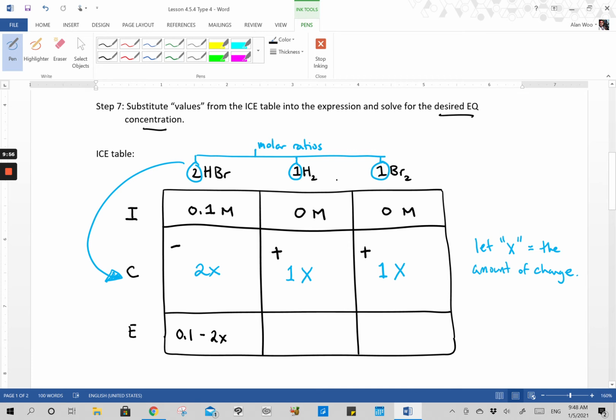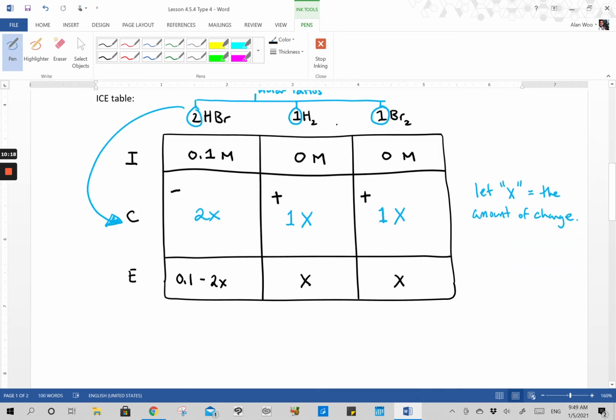When you look at the other ones, you start off with 0 and you go through plus 1x of change. So 0 plus 1x is basically just x. The equilibrium concentration here is going to be the same as the change. We can't leave it like this because we actually want numerical values.